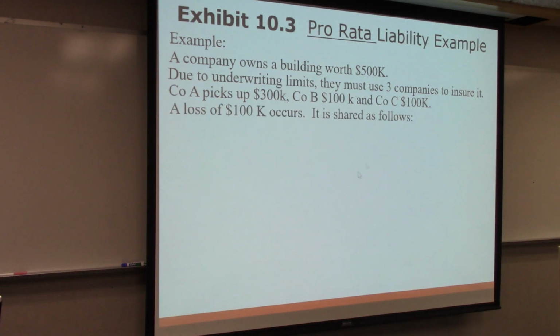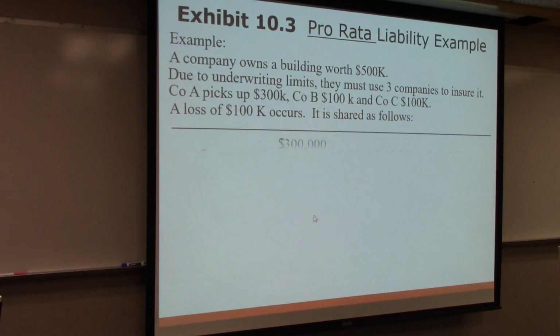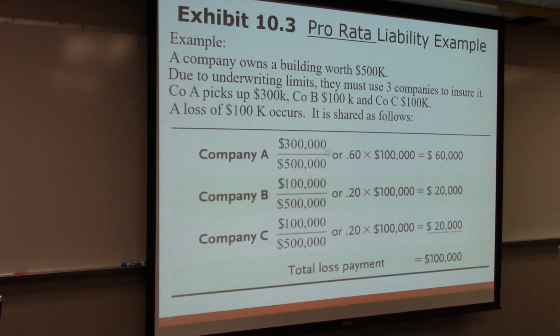Okay? All right, so we have a loss of $100,000. Okay? So how is that going to be allocated? Well, very straightforward. Okay? So the total amount of coverage is $500,000, and that goes in the denominator.